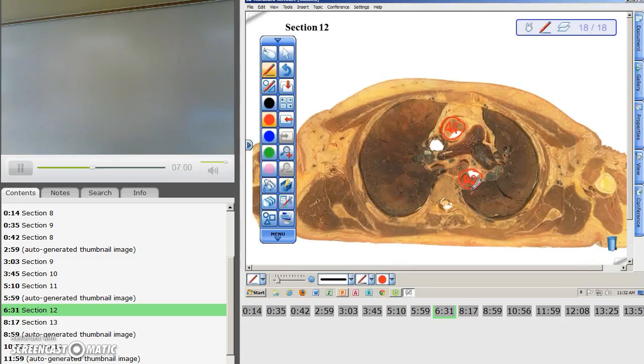Now it's the descending aorta. So they cut the arch off essentially. Next to the ascending aorta, we have the vessel that brings blood, one of the large portions of the vessels that bring blood back to the heart, and that's the superior vena cava.